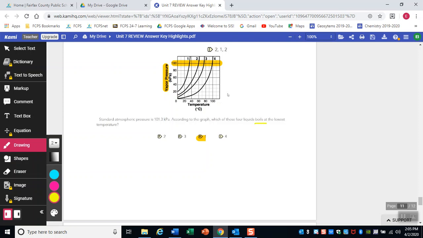Sorry, that's at normal pressure, where water boils at 100. But here we're asking which is boiling at the lowest temperature. So here's my temperature. The one that hits this line at the lowest temperature would be 1 right there. And that's why that is your best answer.